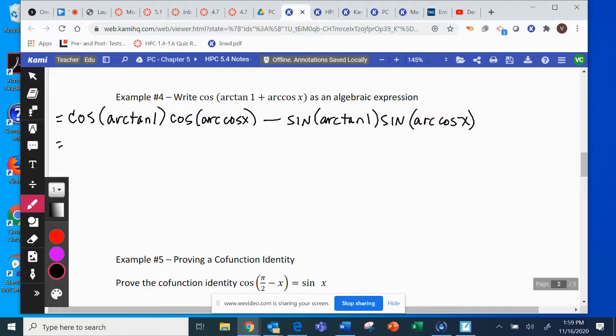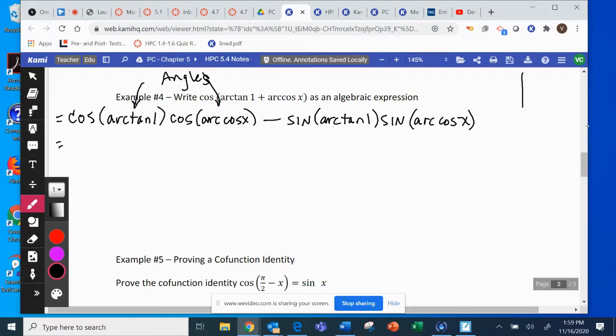They're angles. So the arc tangent and the arc cosine, these are angles. Just like x and y were angles, just like u and v are angles. So I'm doing the cosine at the angle that is equal to arc tangent 1. So we've got to find the angle of arc tangent 1 first.